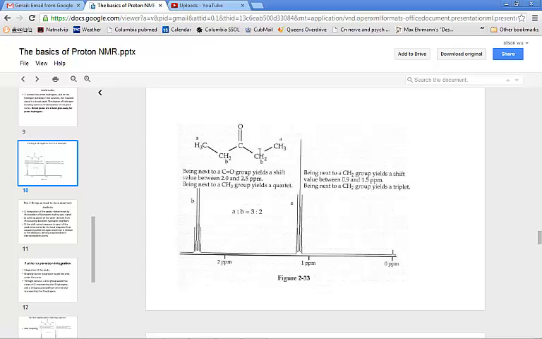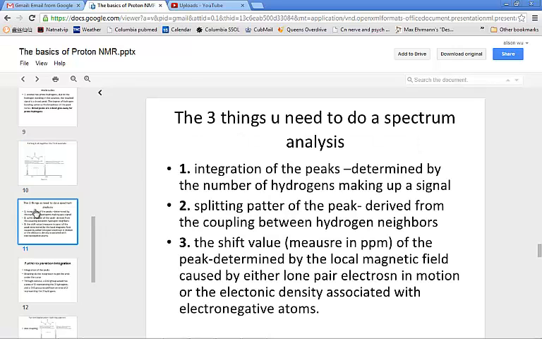So downfield means next to it has something that affects the electromagnetic radiation. It needs higher. Later on we're going to have a chart to show how different functional groups affect it and how it gives you specific parts per million values.